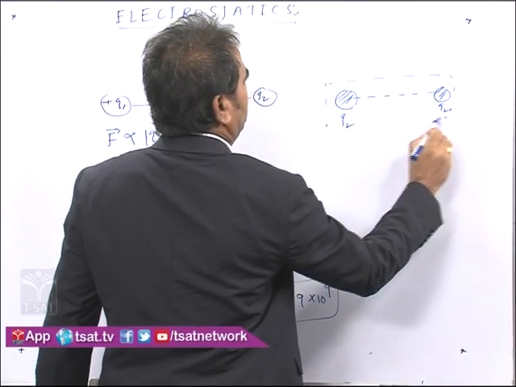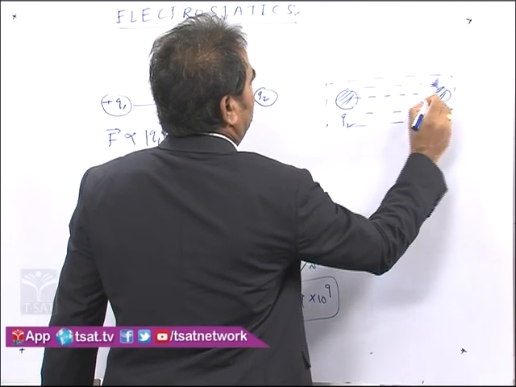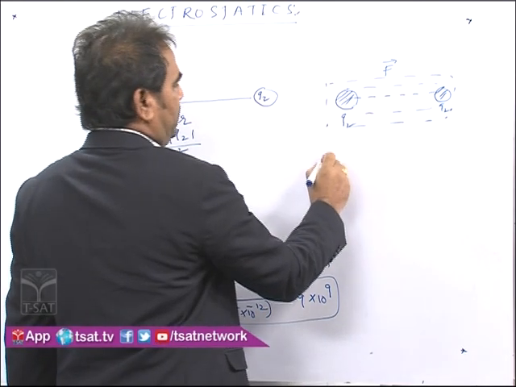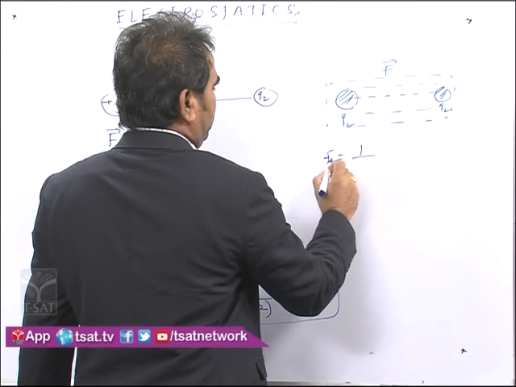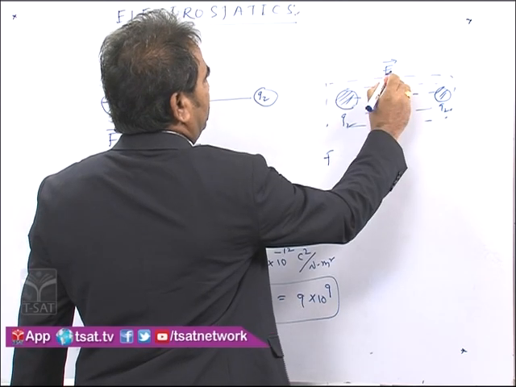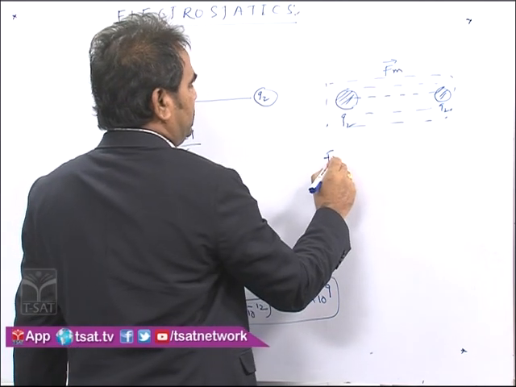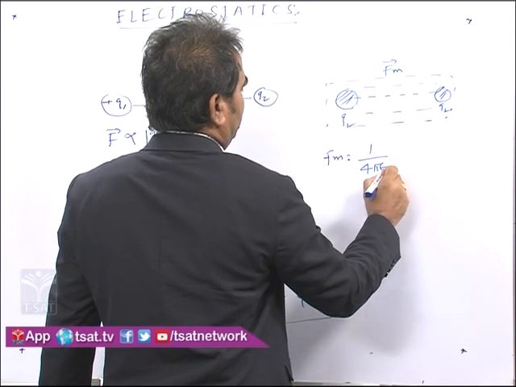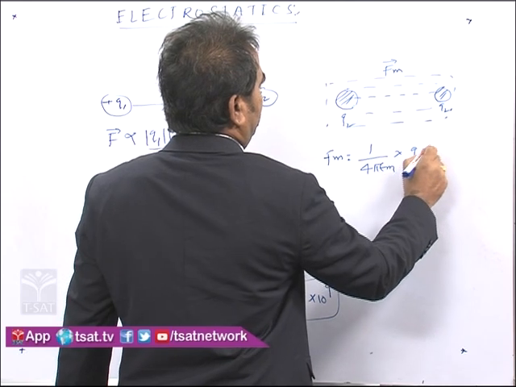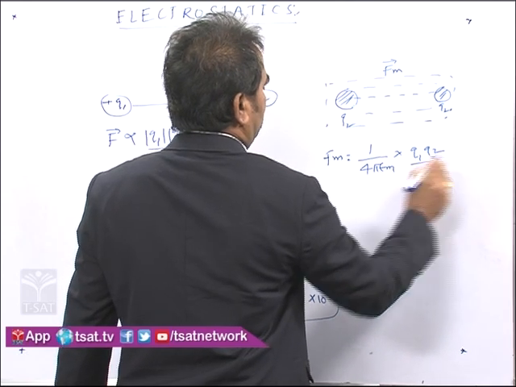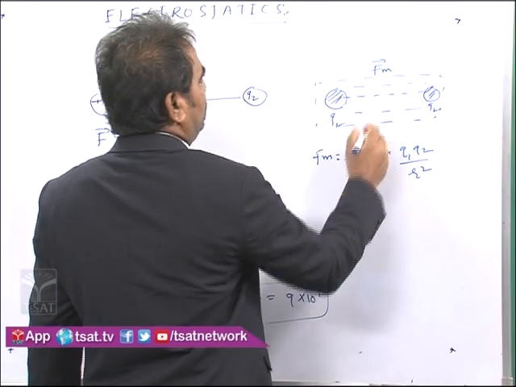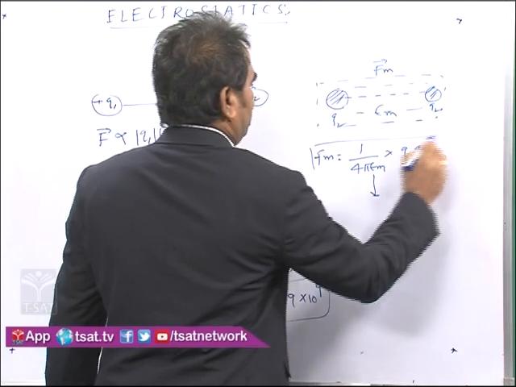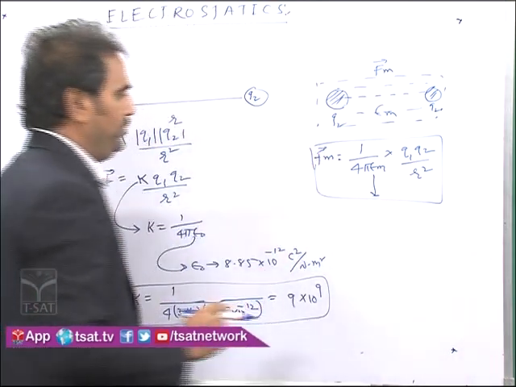Then the force between these two charges in a medium is given as Fm equal to 1 by 4 pi epsilon m into Q1 into Q2 upon r square, where epsilon m is called the permittivity of the medium.